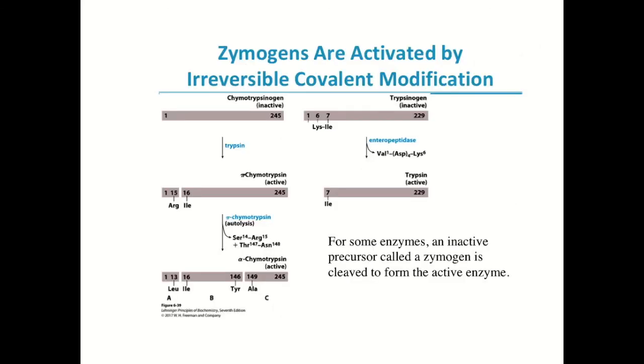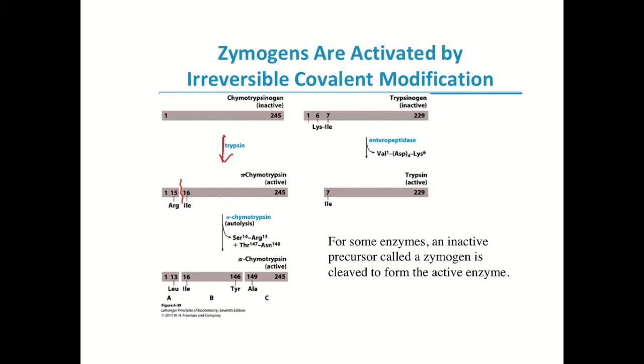For some enzymes, an inactive precursor called a zymogen is cleaved to form the active enzyme. And chymotrypsin is an example of that. So in that, it starts out as chymotrypsinogen, which is inactive, and then trypsin comes in and cleaves the chymotrypsinogen into two segments.